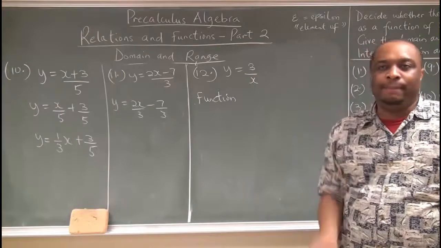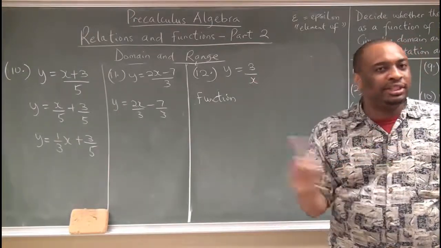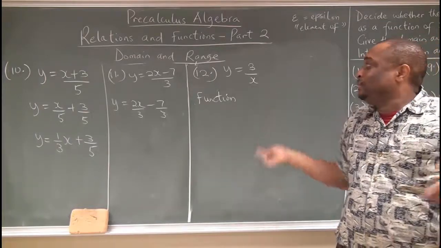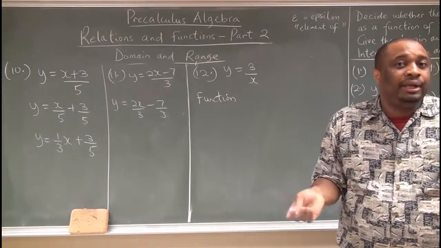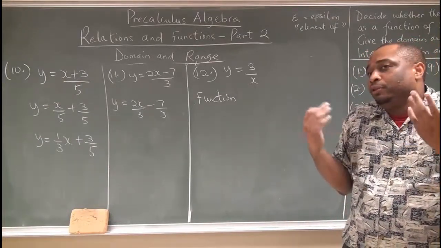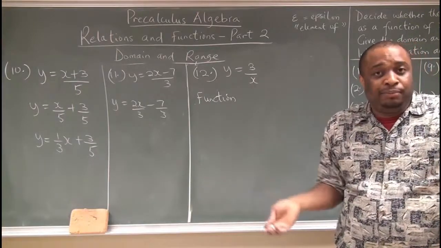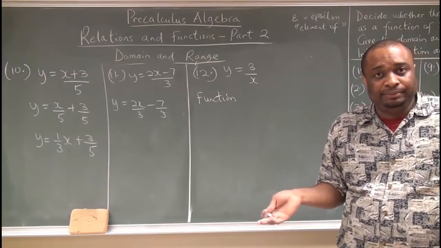Is there any number that you can put as the input such that it will not yield an output? If x is -1, then 3 divided by -1 will give you -3. It has an output. If x is 5, then 3 divided by 5 will give you 0.6. It has an output. 0.6 is a real number.